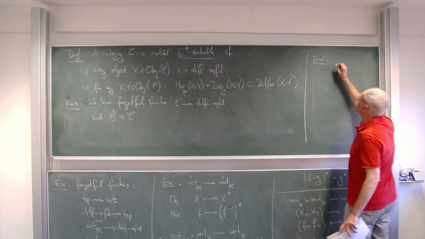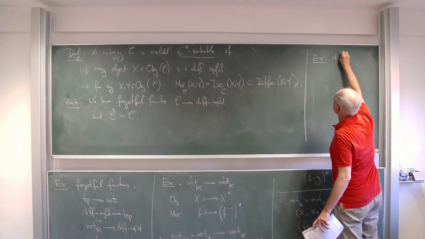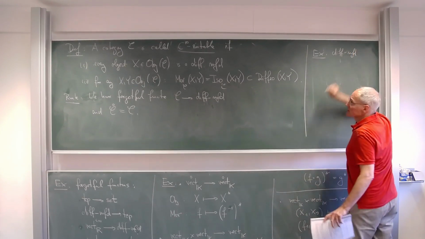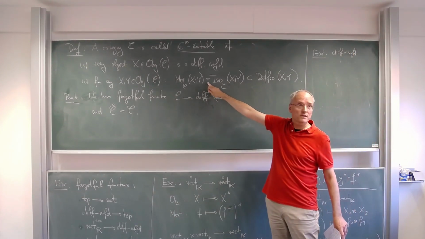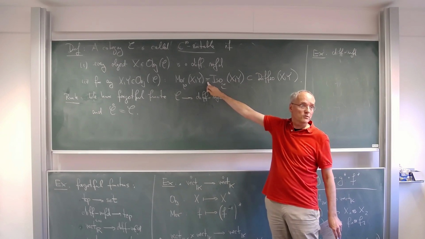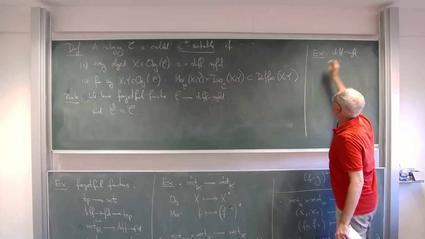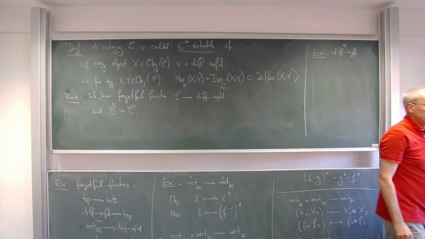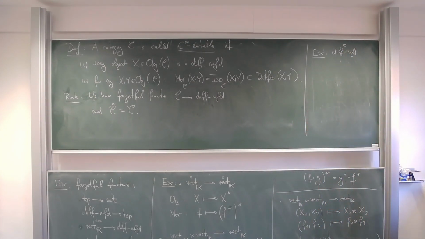Well, you could take the category of differentiable manifolds, except that this condition is not satisfied, right? The morphisms were all differentiable, all smooth maps, but we can fix this by just reducing to all invertible morphisms.